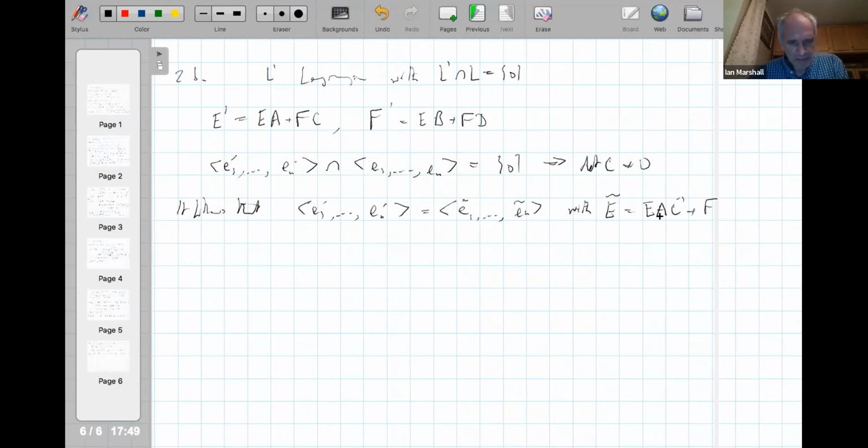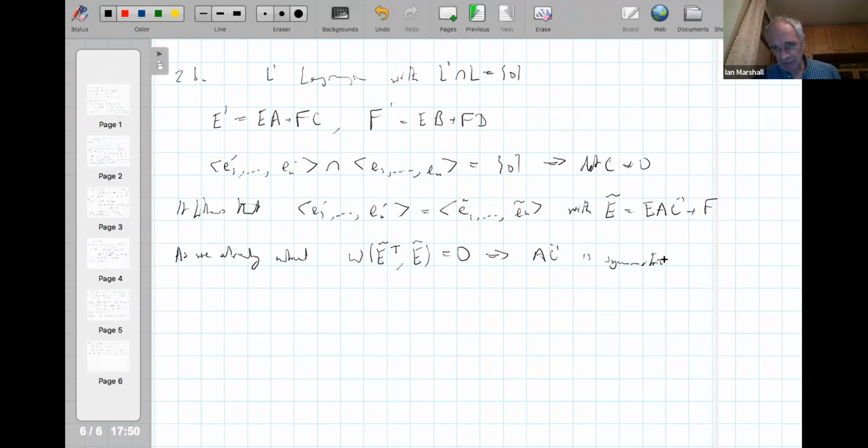Okay, and now, as we already noticed, omega is symmetric. We've already noticed that.